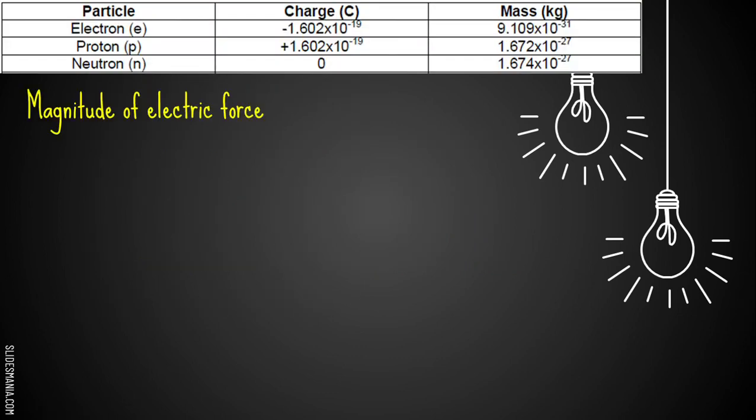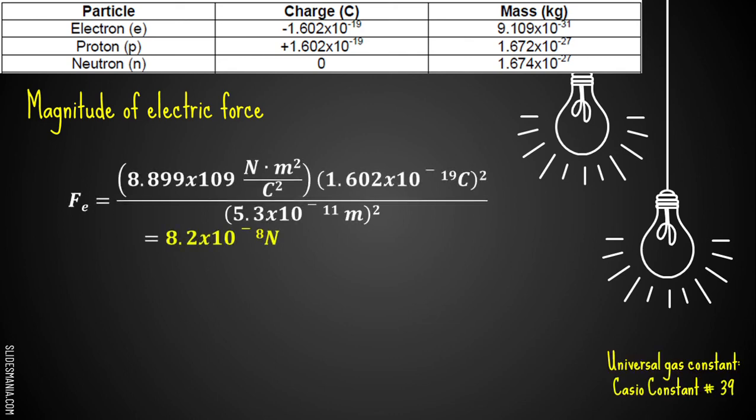So, gamitin natin yung Coulomb's law, yung formula. So, we have 8.899 times 10 raised to 9 Newton meter squared per Coulomb squared.